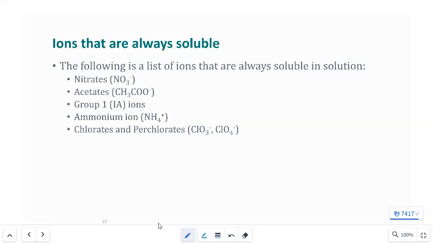If it's an acid, is it strong or weak? That is what affects its solubility, or not, excuse me. That's what affects its electrolytic behavior. Base. Electrolytic behavior is based on whether it's strong or it's weak. Salt. Is it soluble or insoluble? That's what determines whether it's going to be an electrolyte or not.